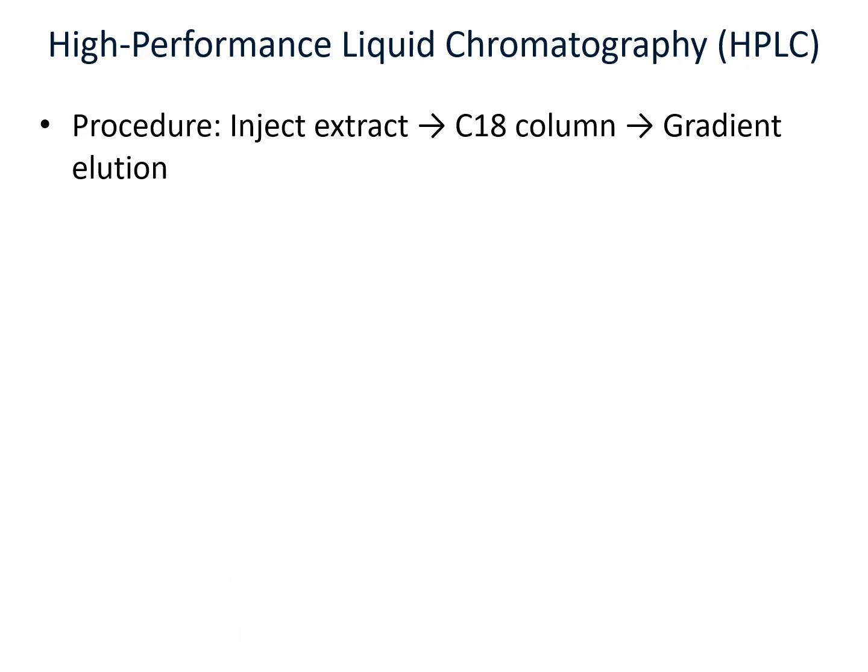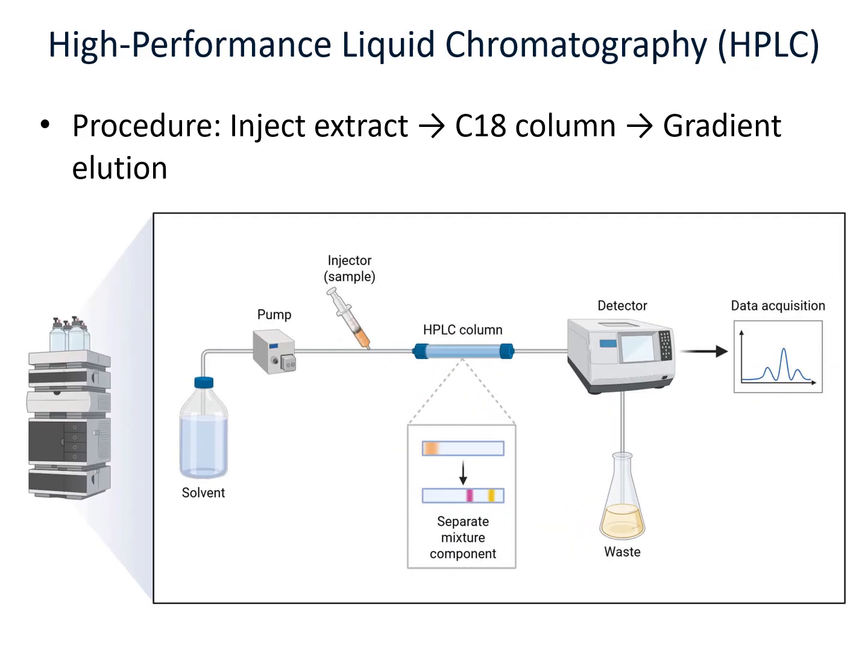Now, let's take a closer look at the procedure. We have the HPLC system, and then these are the components. We have the solvent, which is the mobile phase. We have the pump.